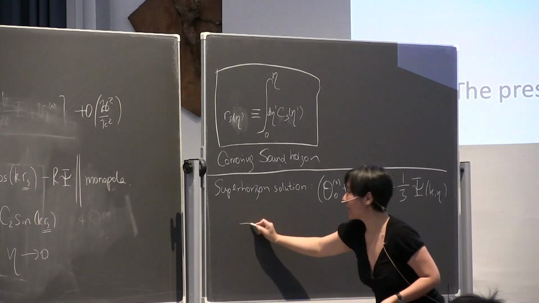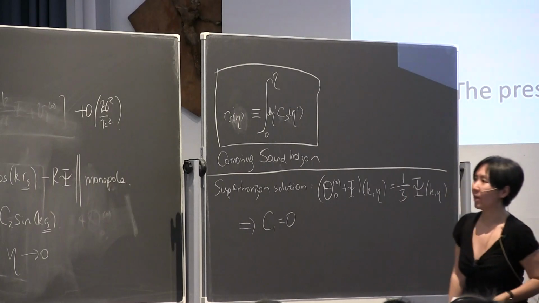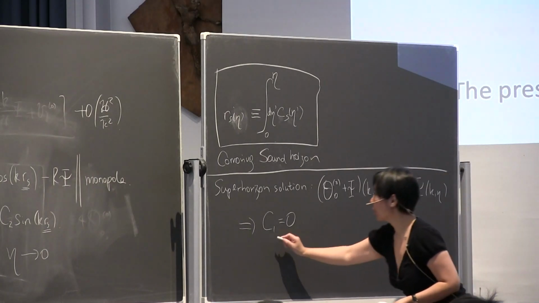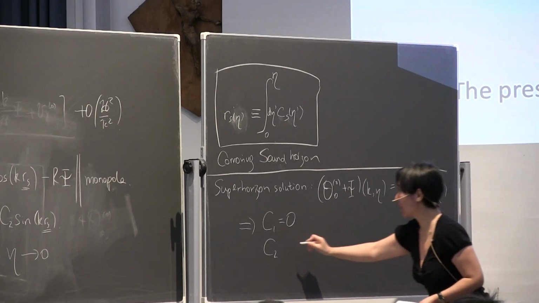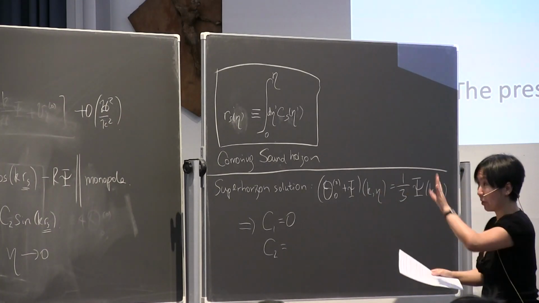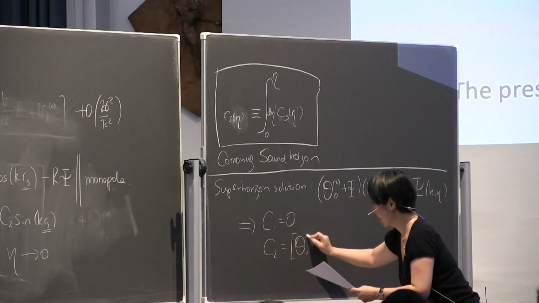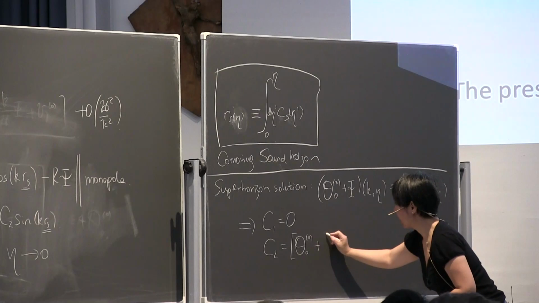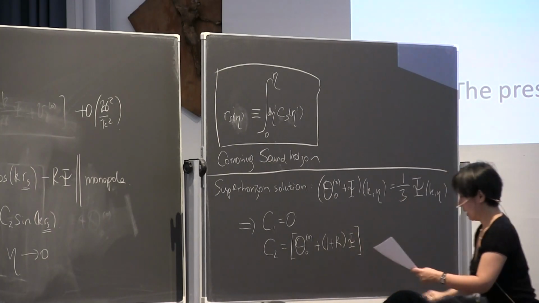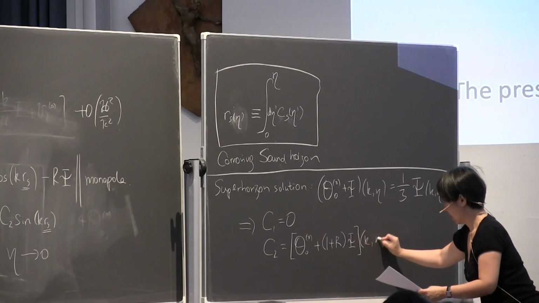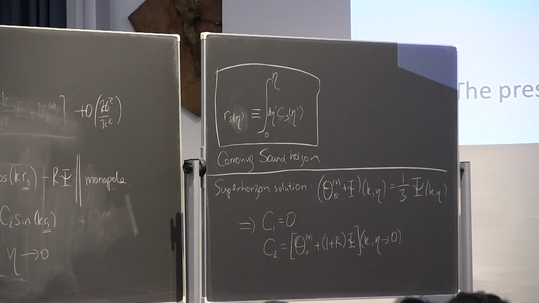And that automatically implies, as said, that C1, the sine mode, is not excited, but you will have the cosine mode, and if you do the matching, you'll find that the cosine mode has a coefficient that evaluates to theta naught, 0 plus 1 plus r psi, and you evaluate that if you take eta to 0.